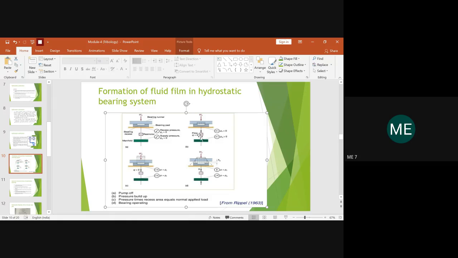You'll be having a restrictor here. It is usually used as a compensator. If any high pressure has been supplied, it will filter or reduce the unwanted part. So if everything is normal, then this supplied pressure with respect to the oil flow will be made to pass through here.